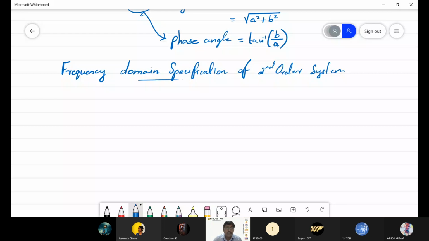Here the important thing is the resonant peak, so we will find that one first.